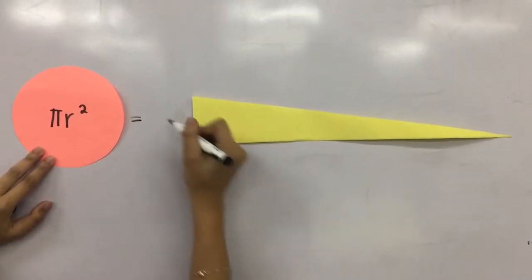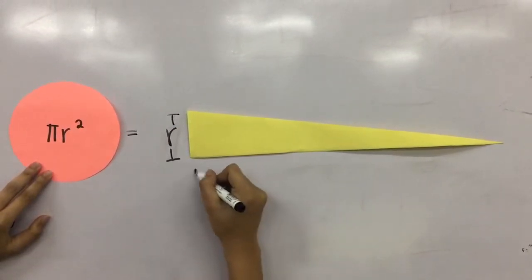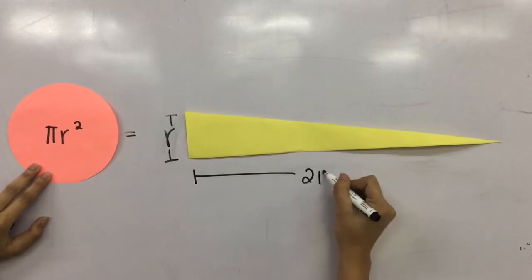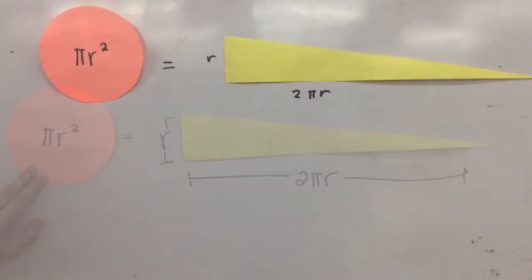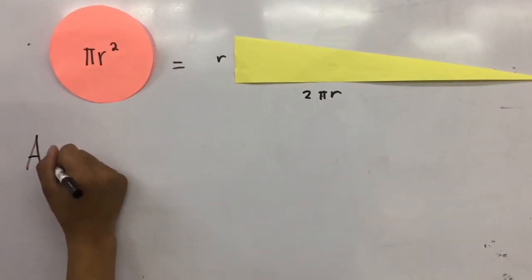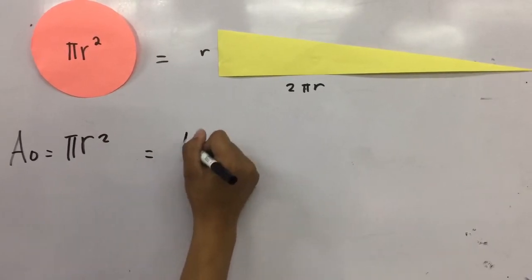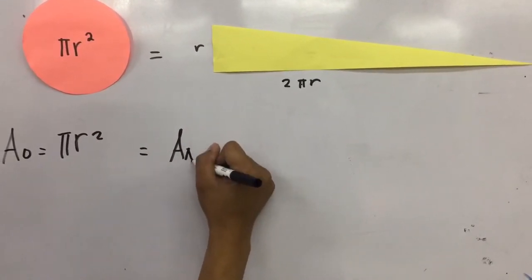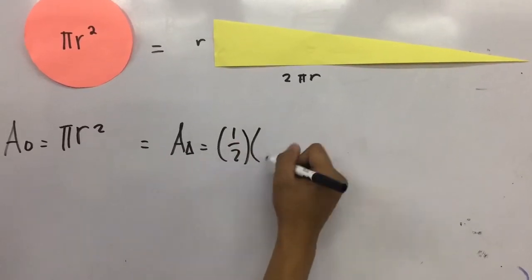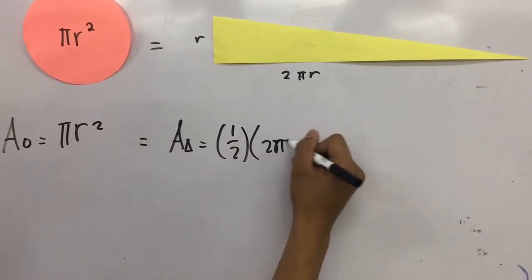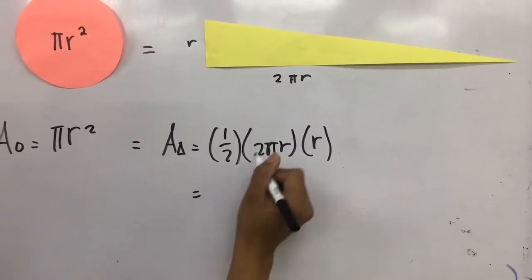We need to unwrap the circles into a triangle. With this, the width of the triangle is equal to the radius, and the length is equal to 2 pi r. If we compute it, the area of the circle, which is pi r squared, is equal to the area of the triangle, which is 1/2 times 2 pi r, the base of the triangle, times r, the height.